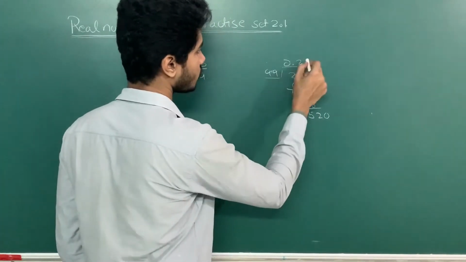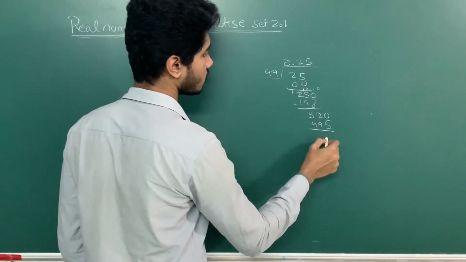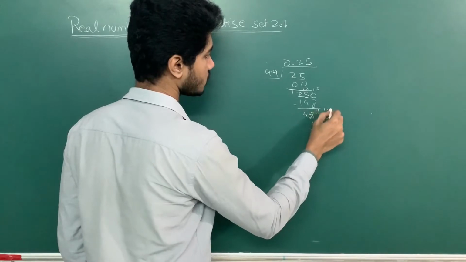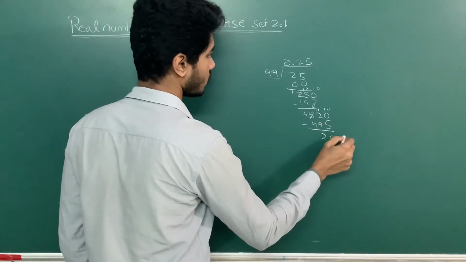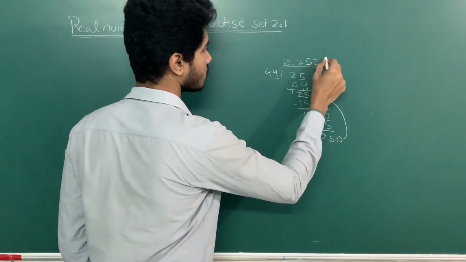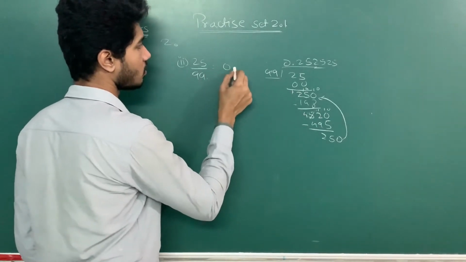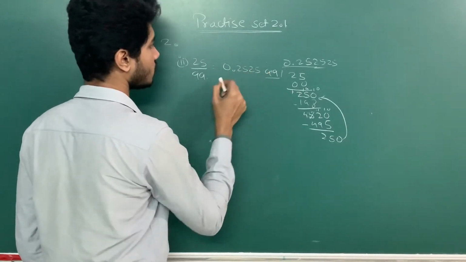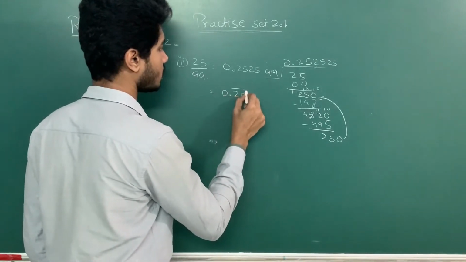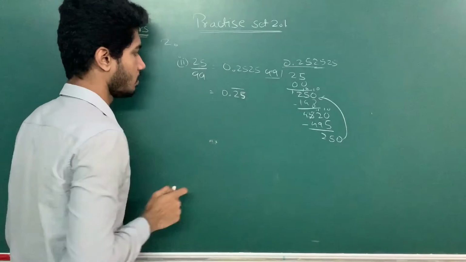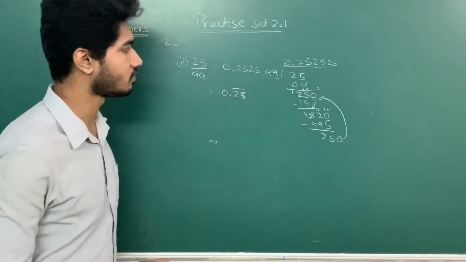You get 5s, you get 495. When you subtract this, so you get 2 and 5. So you get 250 back. So that means the number will go on repeating, 25 and 25. So this can be written as 0.2525. Now to show that as a recurring type, you can put a bar above the number after the decimal. So 25 upon 99 can be written as 0.25 with a bar.